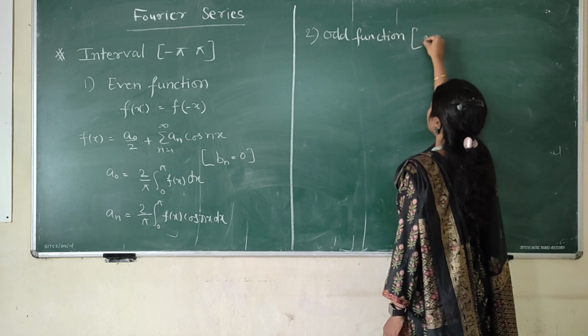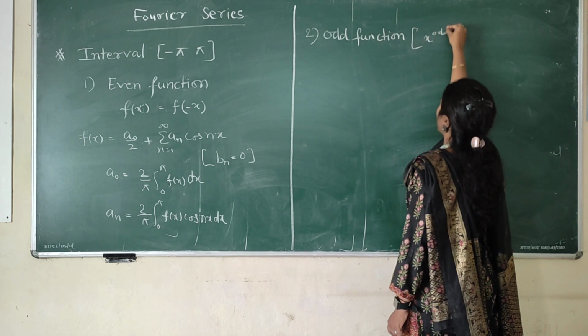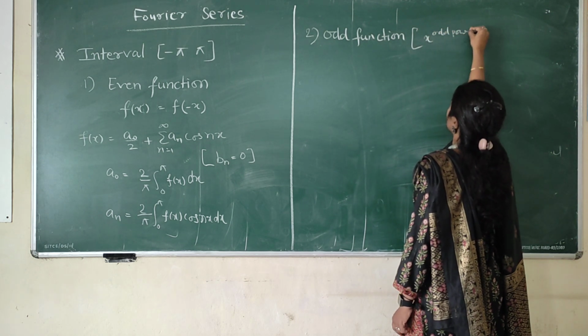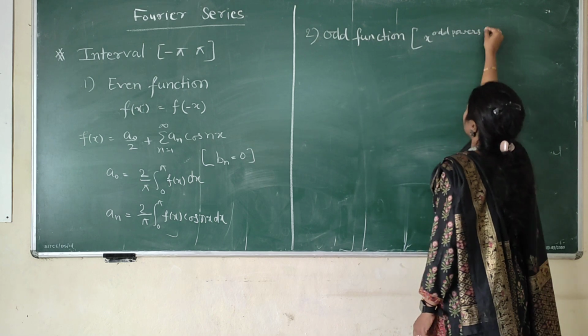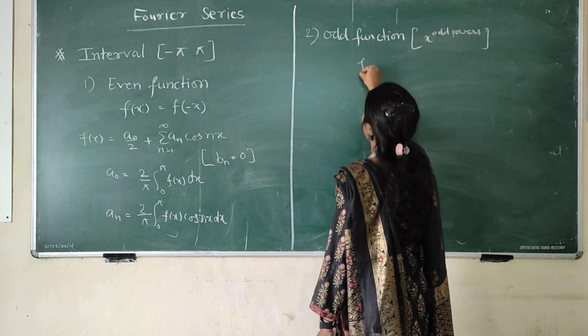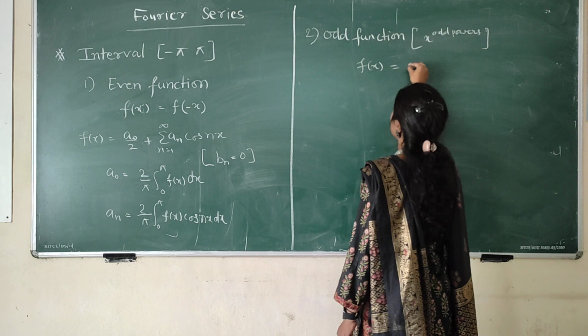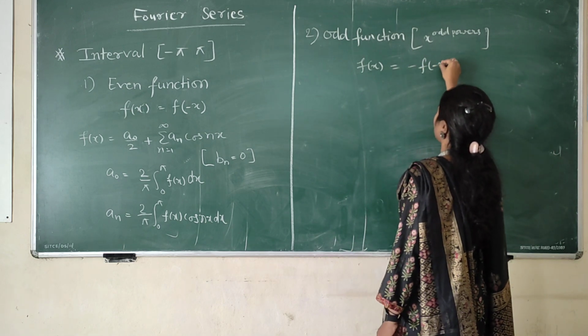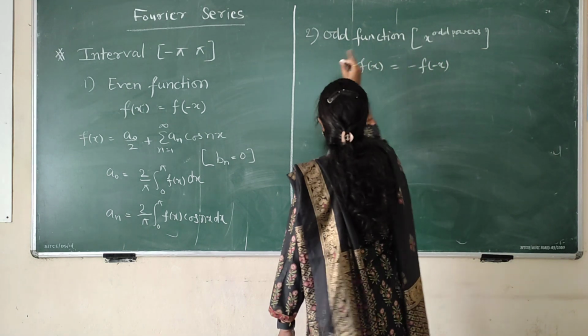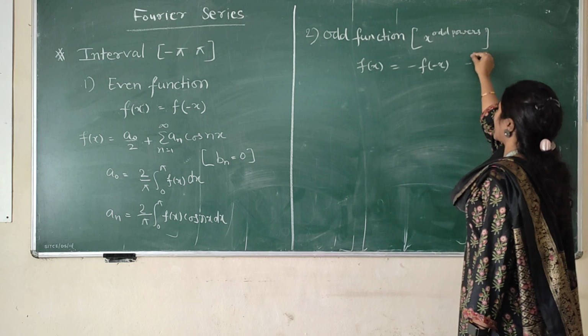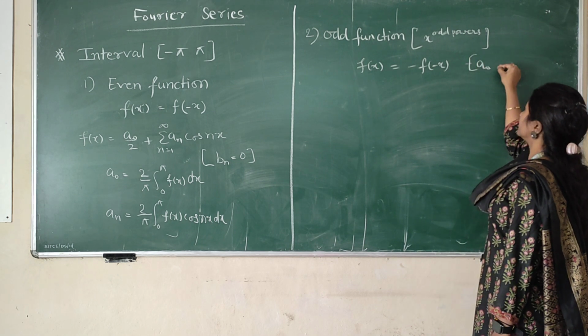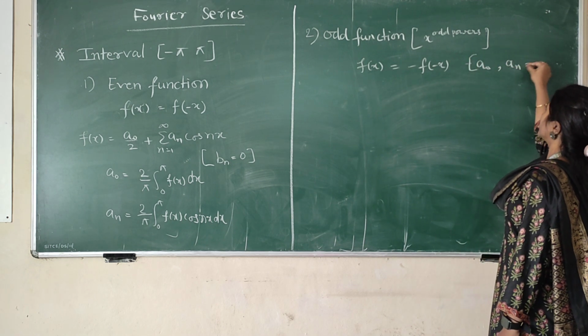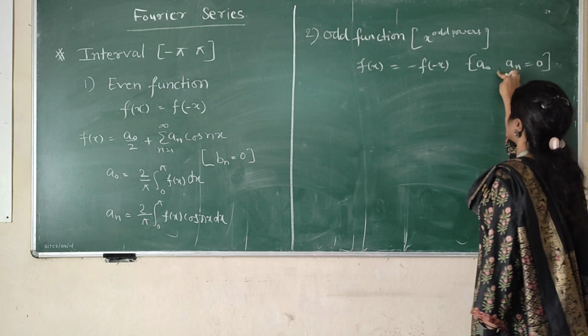in odd functions, x has odd powers, f of x is equal to minus of f of minus x, and for this case a naught and an both are equal to 0.